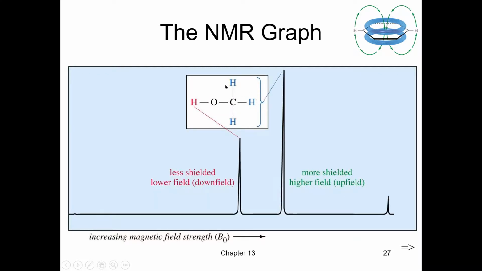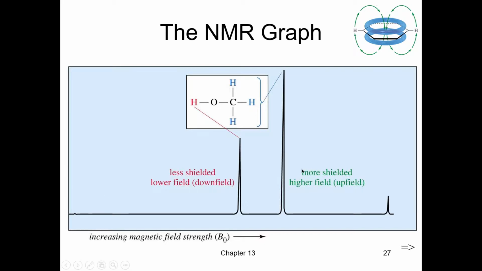So for methanol, there are three hydrogens which are directly attached to the carbon, which have the same environment. Hence due to the presence of three hydrogen atoms, the peak height is more and it is more shielded.